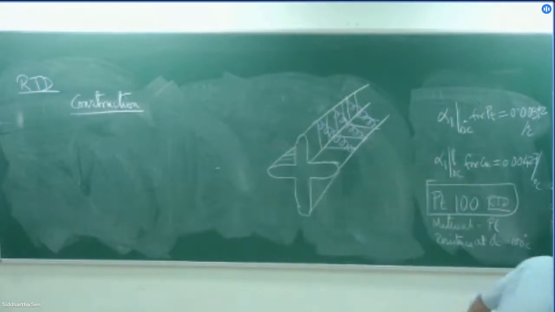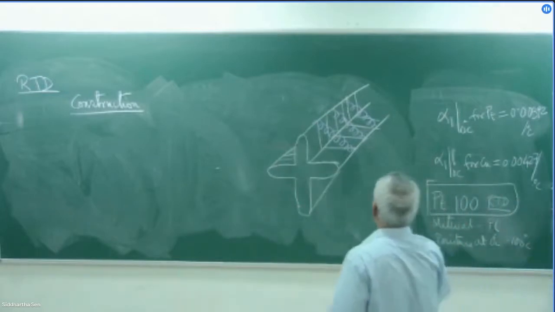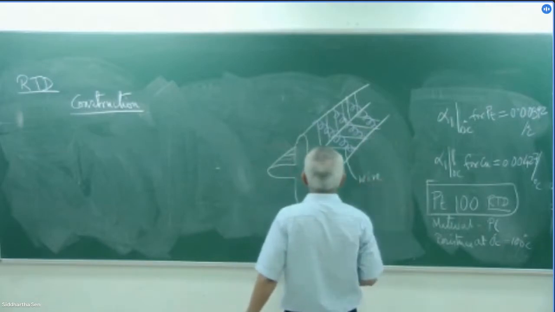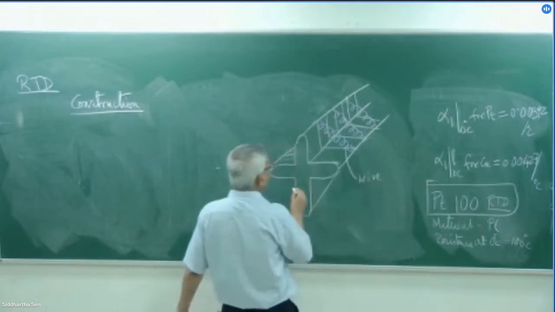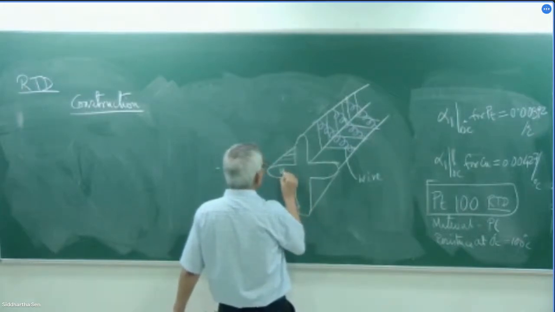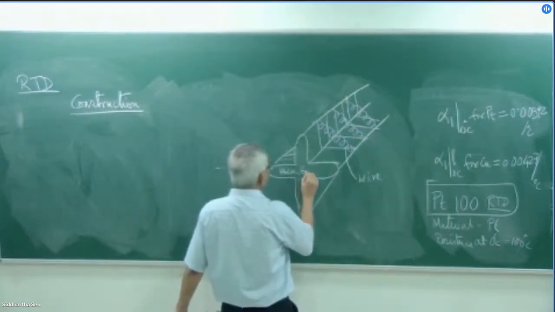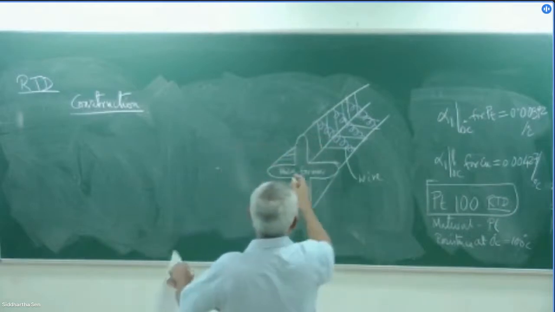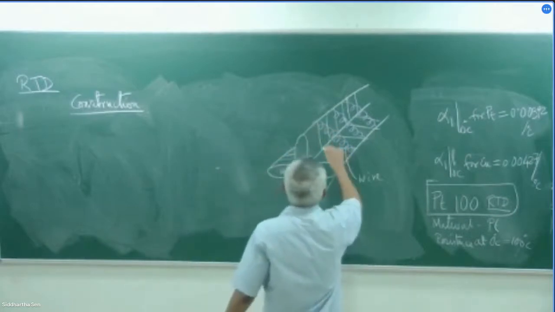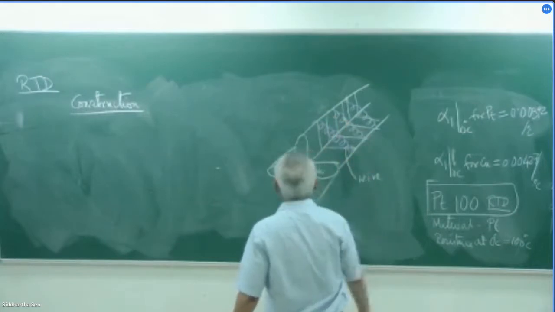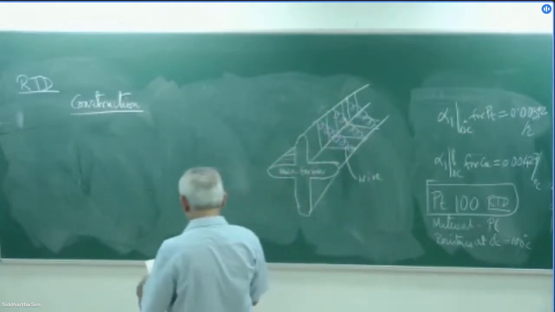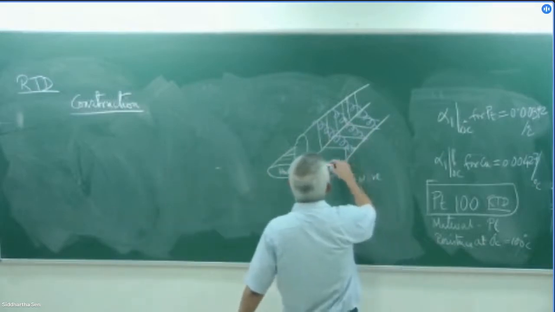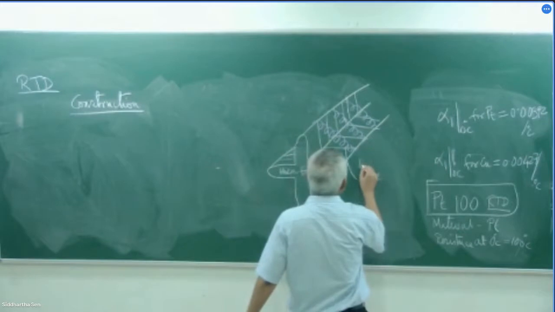First of all, you can easily see this is the wire. This wire is wound over a mica former. So there is a mica former like this, and the wires are loosely wound there.